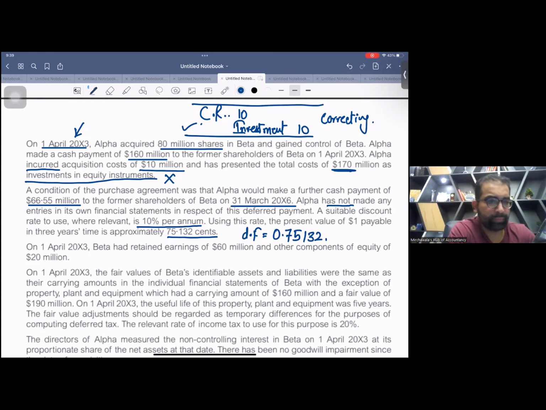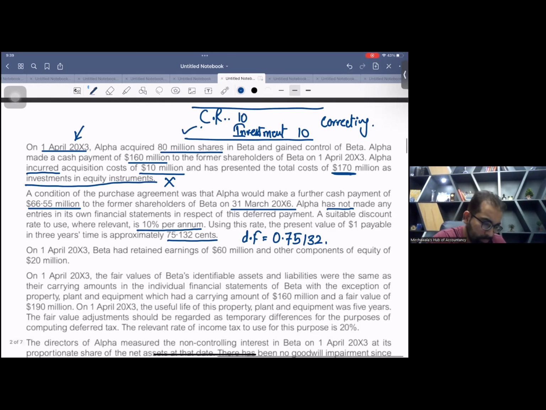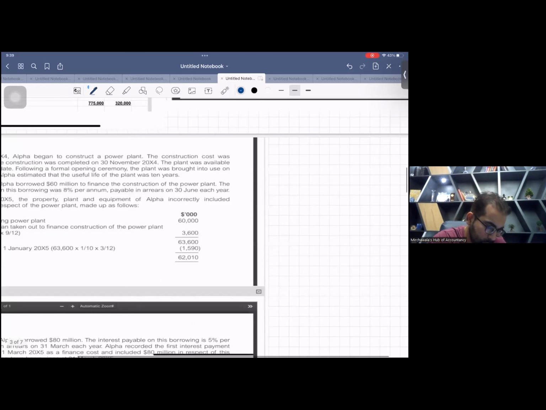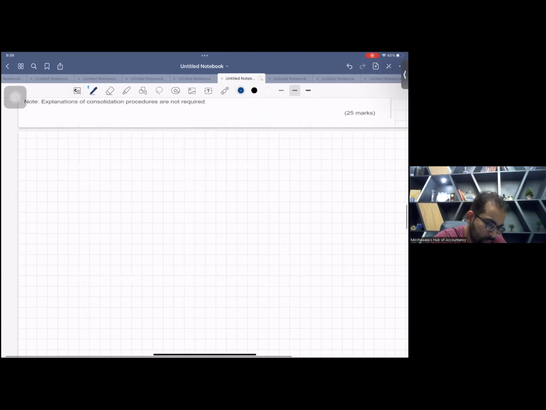Have a look. Now, let me show you the working. This is 66.55 million.